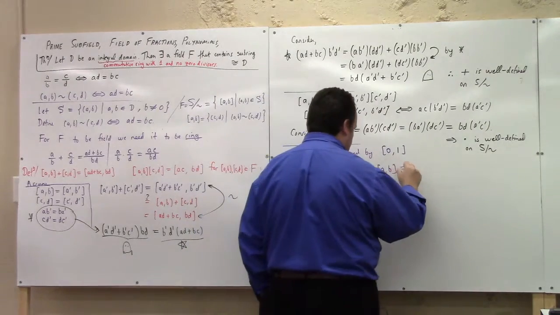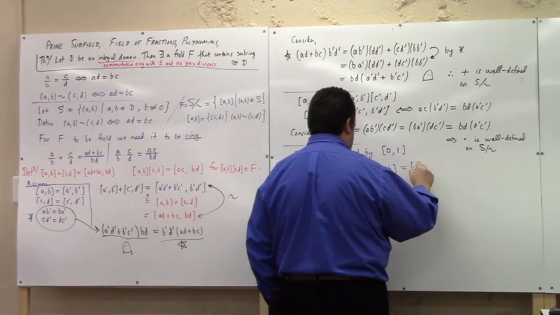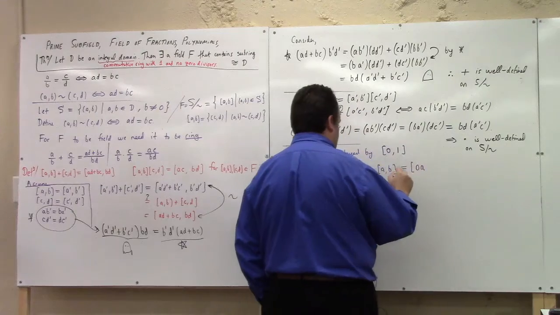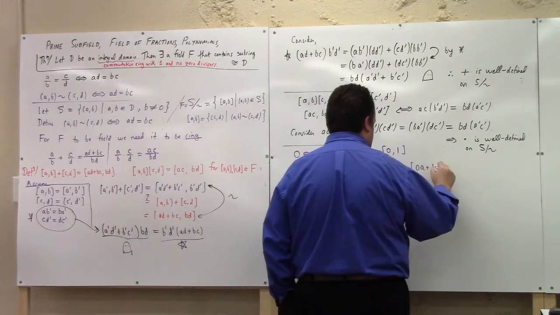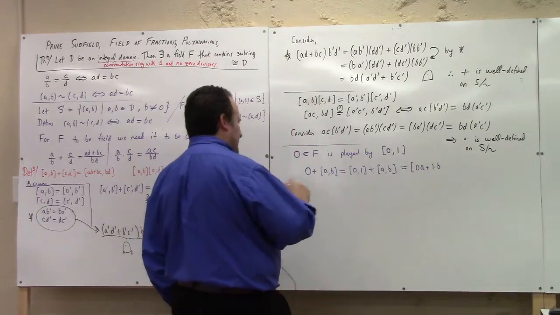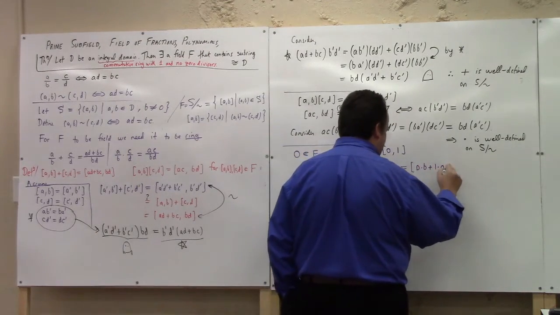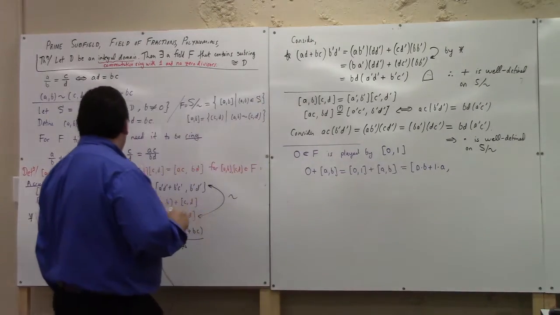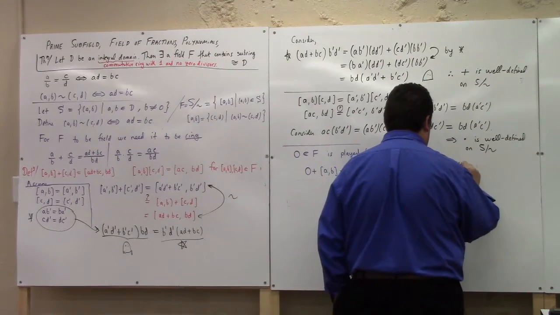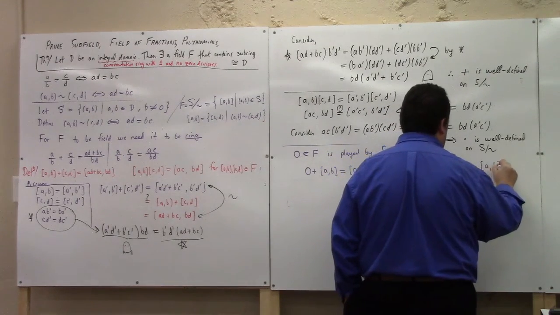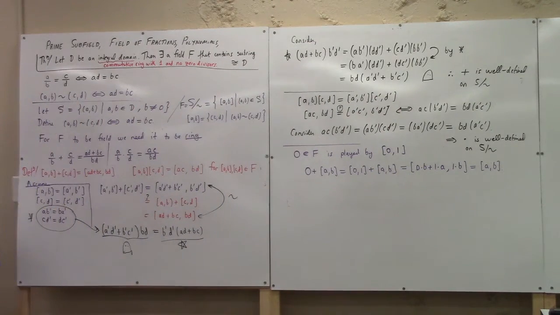By definition, that is 0 times B plus 1 times A, over BD. So 1 times A, that's AB. So 0 plus AB gives you AB again.